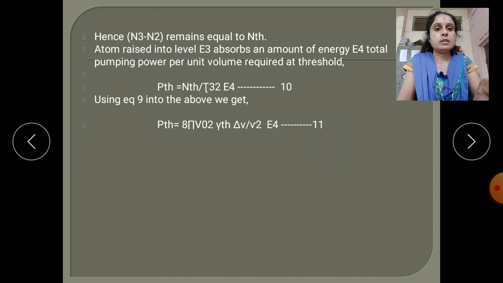Hence, in this way we can prove how four level laser action works, with stimulated and spontaneous emissions taking place, and the threshold that can be generated according to the pumping power level scheme. So, thank you.